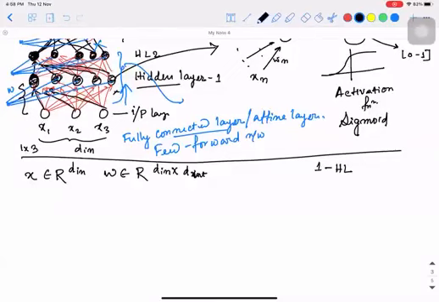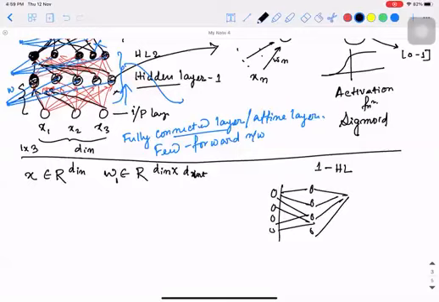So you have this one, and you have hidden layers, and then you have output. We call this one W1. This is a matrix. Similarly we have W2. W2 is of dimension D int times D out, and D out is the output dimension.